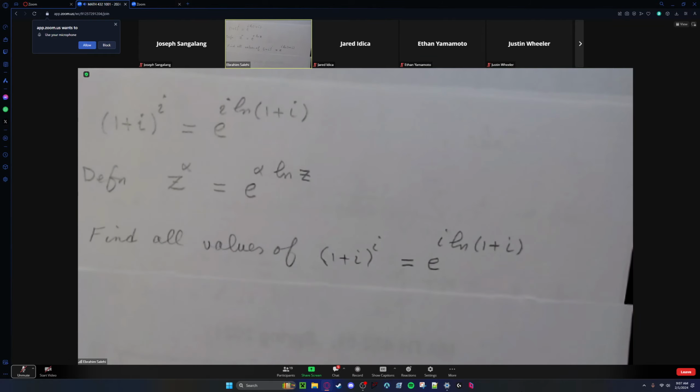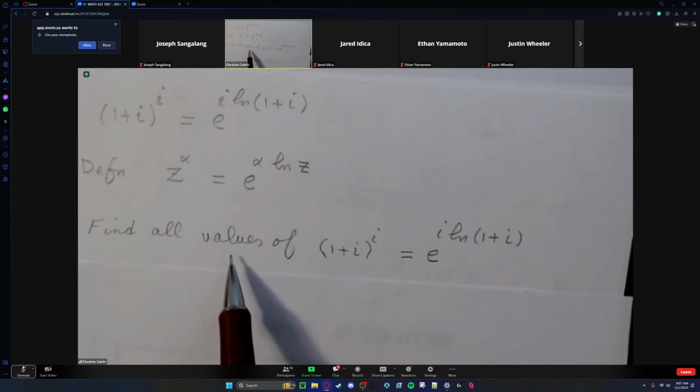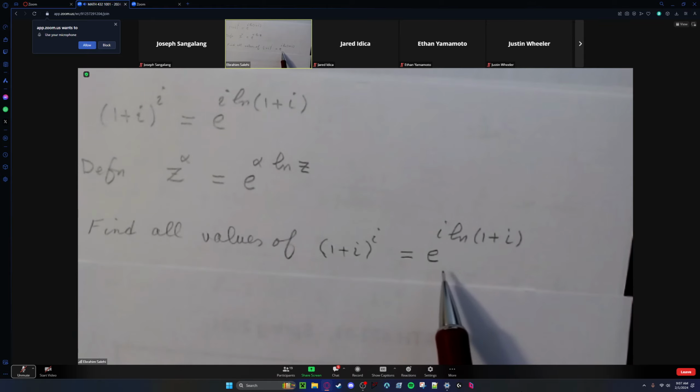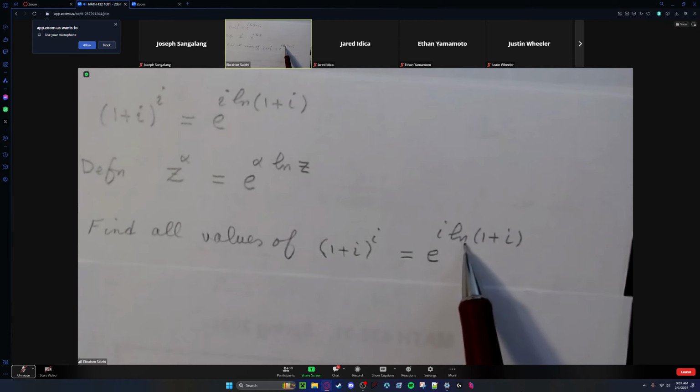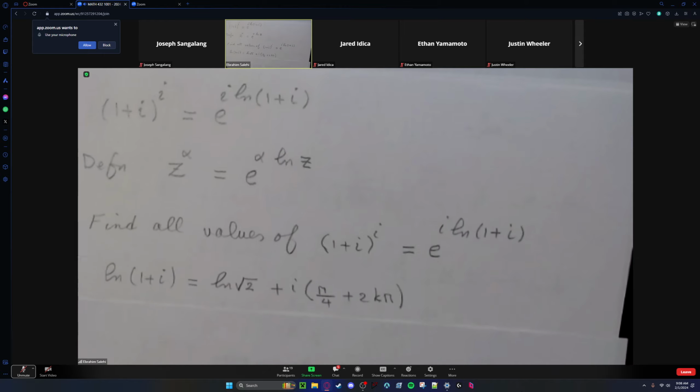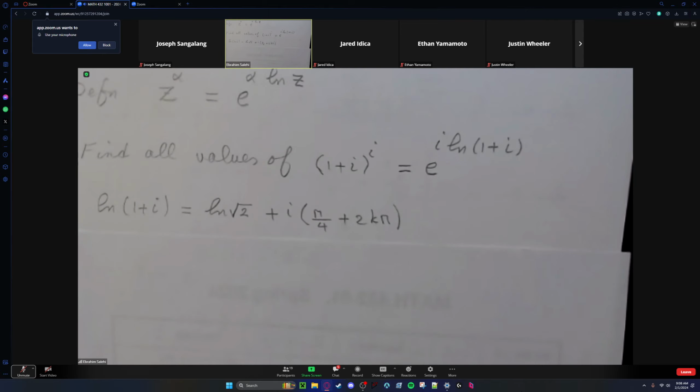Let's have some examples. Find all values of this. Why am I saying all values? Because we are dealing with logarithm. If it is simply logarithm, it has infinitely many solutions, unless you say principal value. Then you will have one output. Okay, we already found the log of 1 plus I. It's right there.